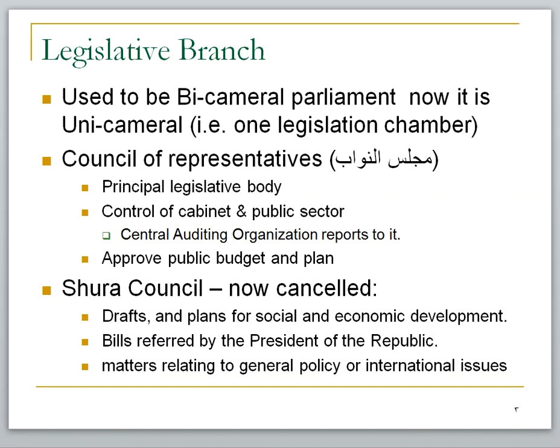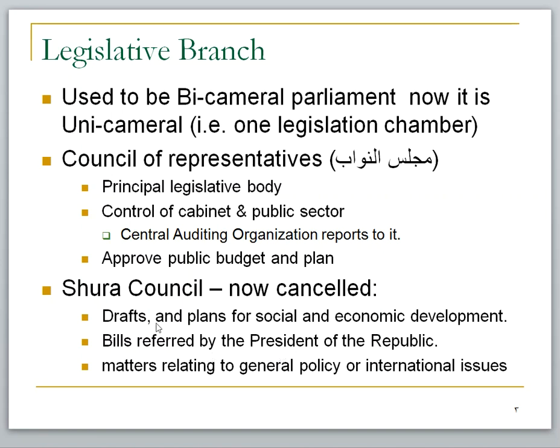Shura Council, let's refer to it, though it is cancelled now, drafts and plans for social and economic development. They do research. They study bills referred by the President of the Republic, any laws that the President intends to publish.